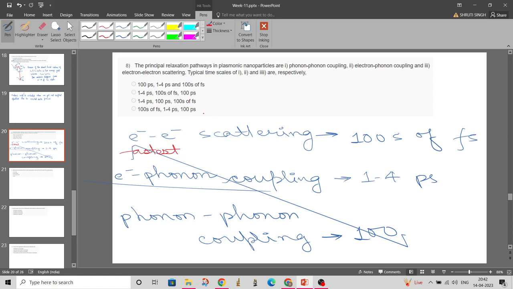It happens in hundreds of femtoseconds. Then phonon-phonon in 100 picoseconds, then electron-phonon 1 to 4 picoseconds, and then electron-electron scattering in hundreds of femtoseconds. So the answer will be A.